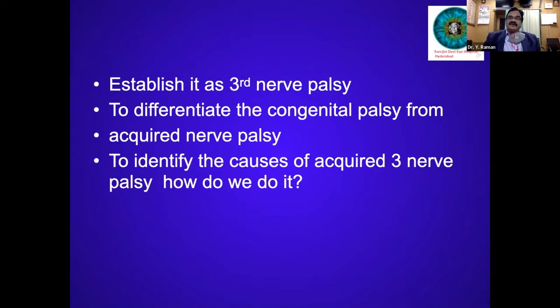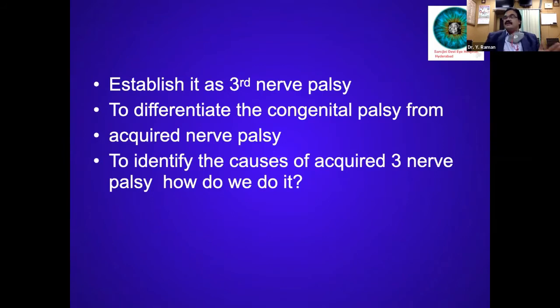In acquired cases, the frequent causes are trauma, birth trauma, space occupying lesions and intracranial tumors, and infections like viral fevers and meningitis. A neurological investigation has to be done. Particularly, we have to establish whether it is an isolated palsy or whether a polyneuropathy is there.